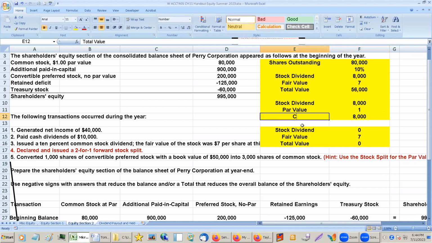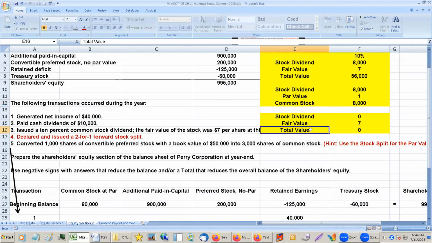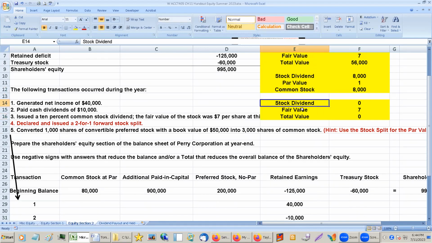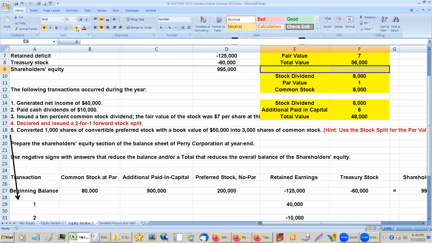And so those are going to common stock. Stock dividend, additional paid in capital. The additional paid in capital was 6 because the total value was 7. So the additional was 6.